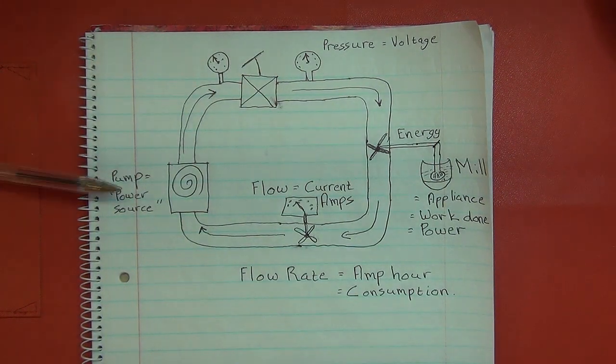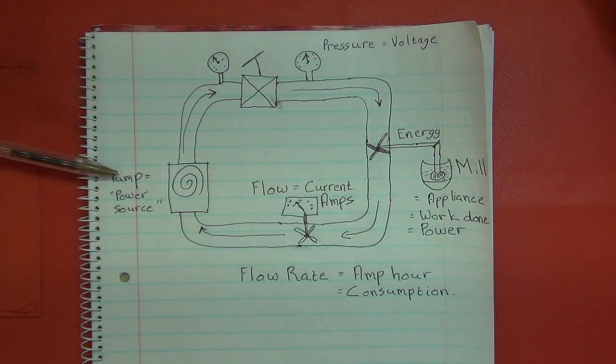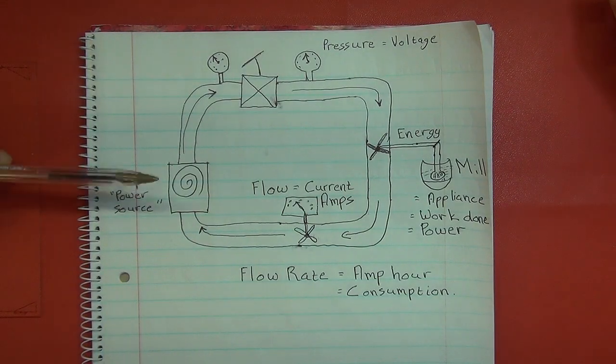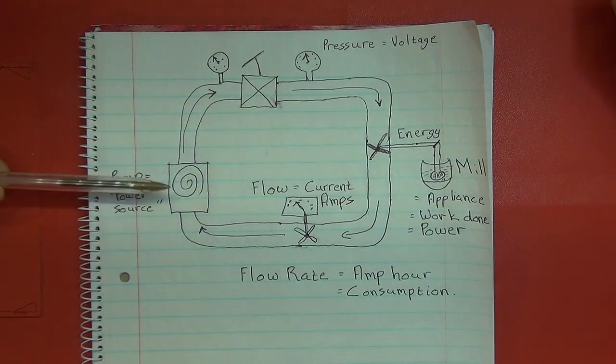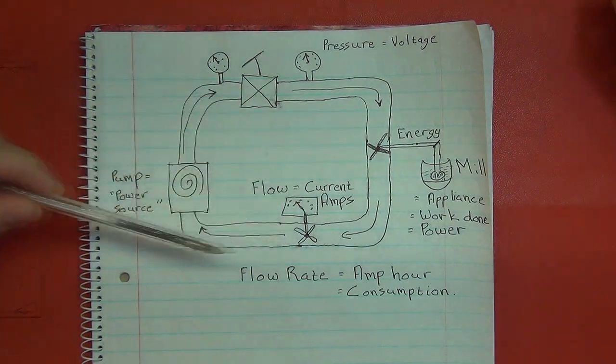Now over here you'll note if we relate this to an electrical circuit, the pump over here is in essence our power source. Now I've got power source in inverted commas because ultimately, again, if we talk about the science of electricity, you can't really create or destroy energy. So it's not a source per se, but it is the piece that actually generates the flow of energy in our circuit.